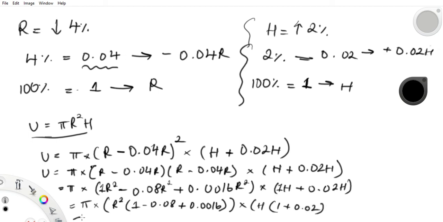What we're going to have is pi times 0.9216 r squared times 1.02 h.